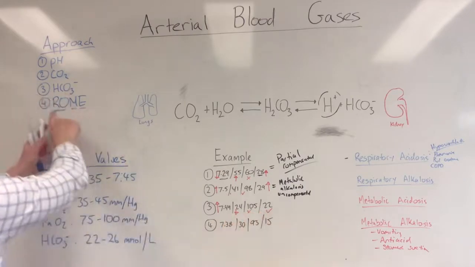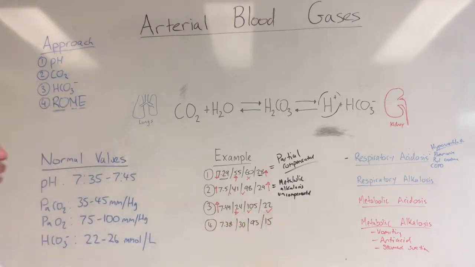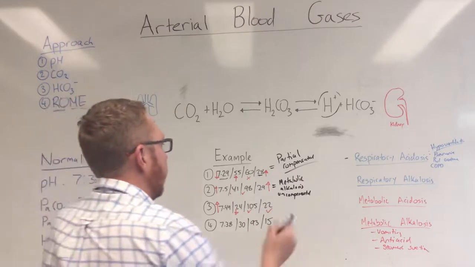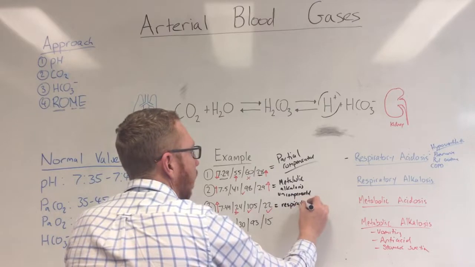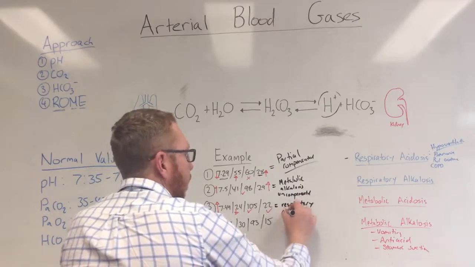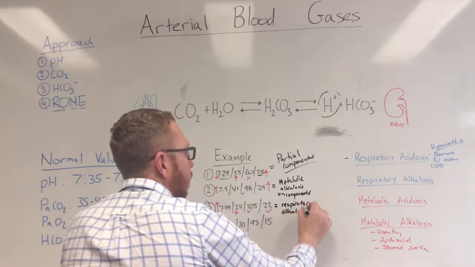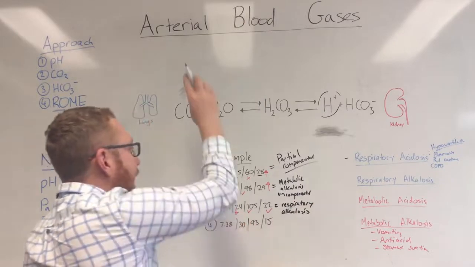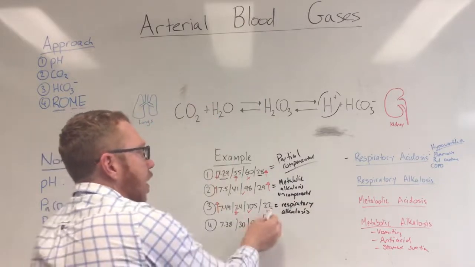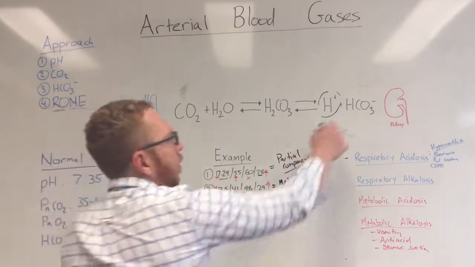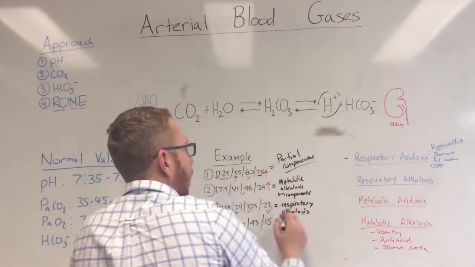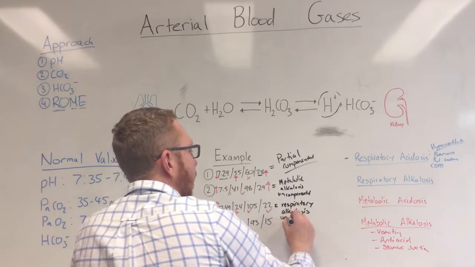So it's opposite, respiratory opposite. So we know it's a respiratory cause. So we now know it's respiratory alkalosis because the pH is actually high. Now the bicarbonate is in normal range, which means it's not buffering. So it's not trying to buffer, so that would mean it's uncompensated.